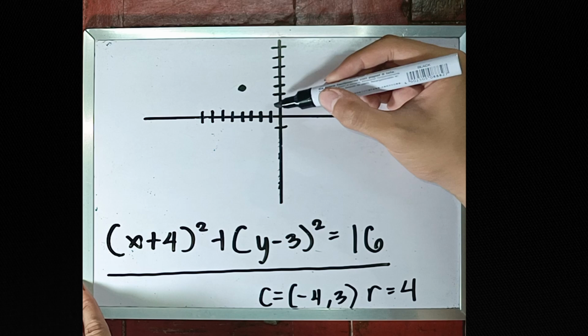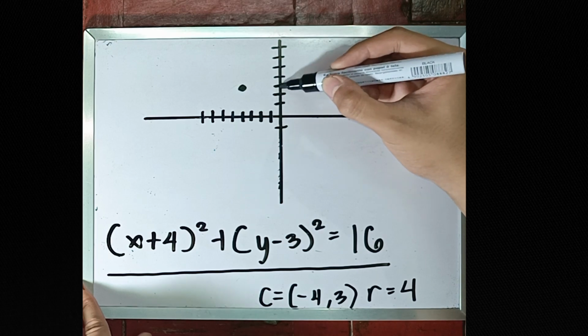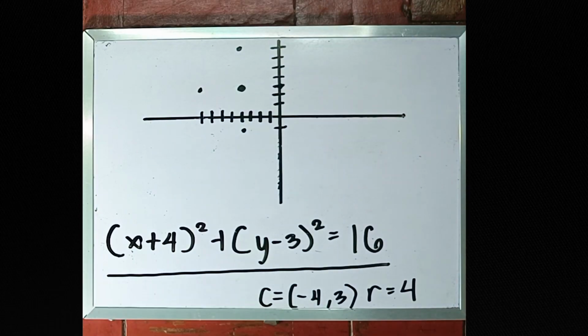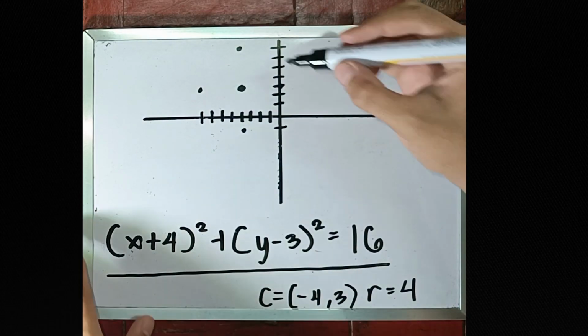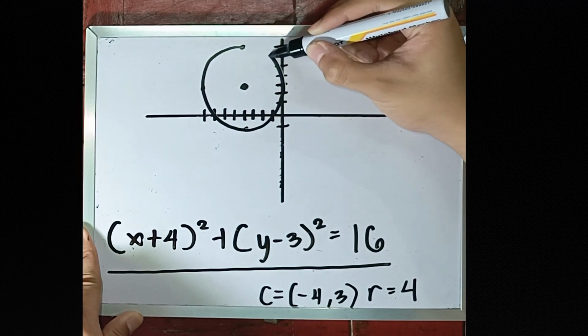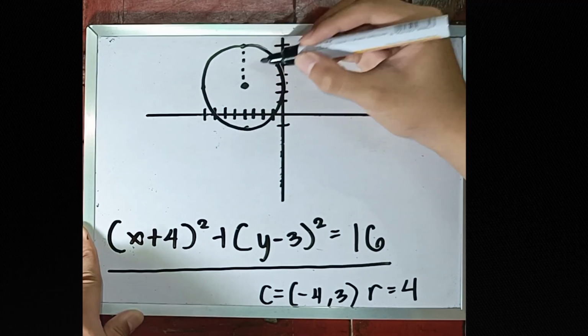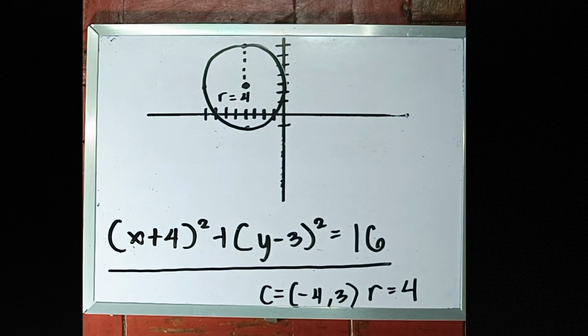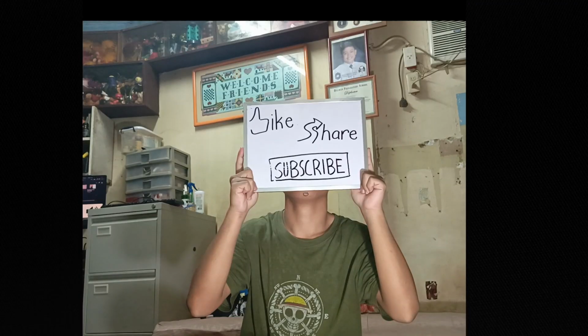So now we have the endpoints of the radius. Here, here, here, and here. Let's now draw our circle. There we go. We now have plotted the equation into the Cartesian plane.